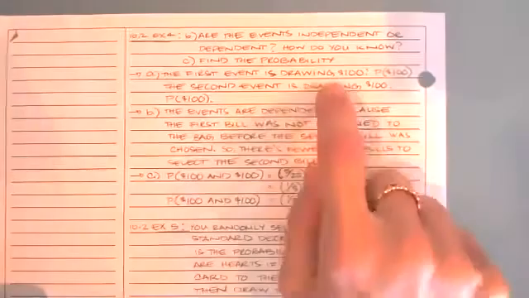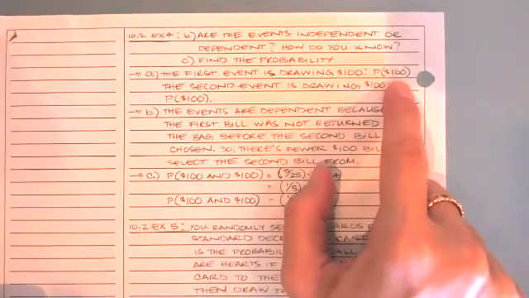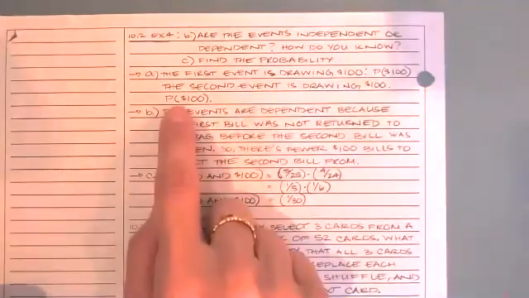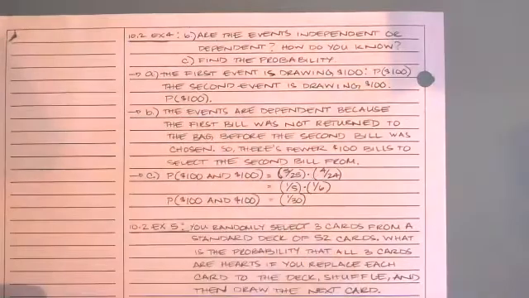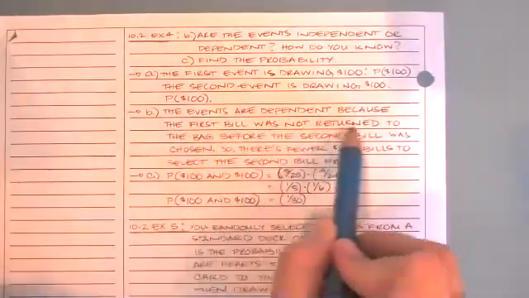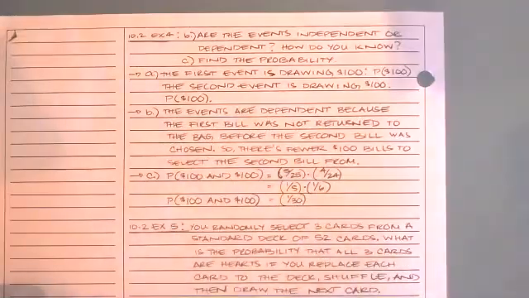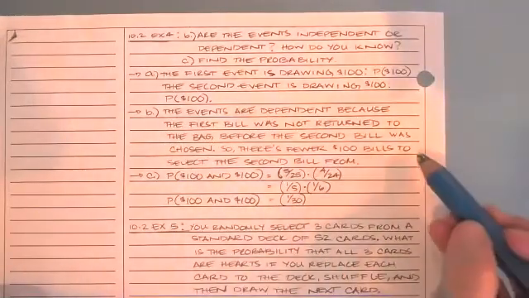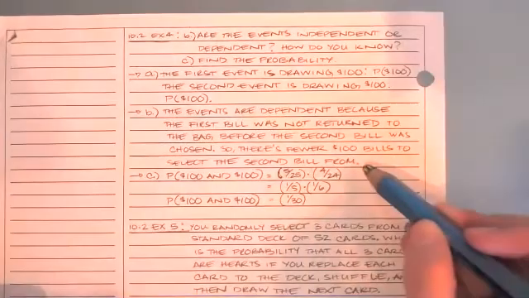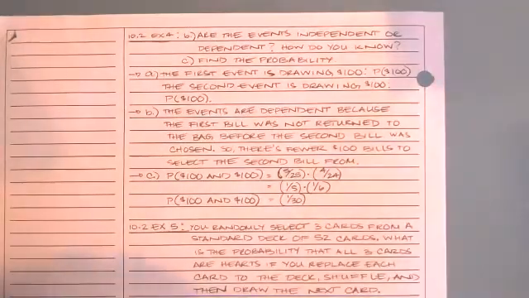So the first event is drawing a $100 bill. I've denoted that P of $100. And the second event is also drawing a $100 bill. So the events are dependent because the first bill was not returned to the bag before the second bill was chosen. So there's fewer $100 bills to select the second time you draw a bill out.